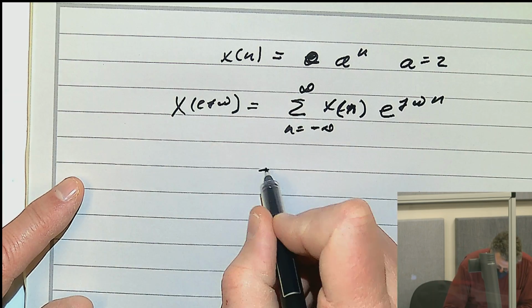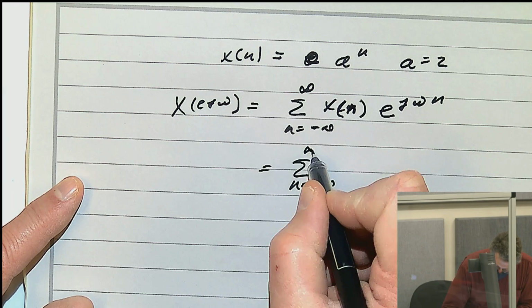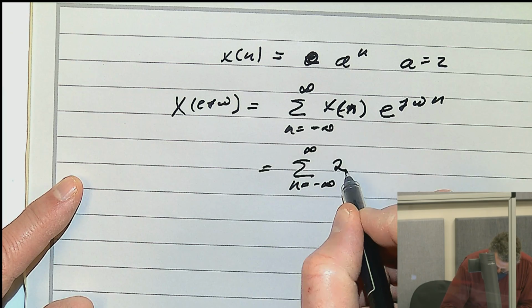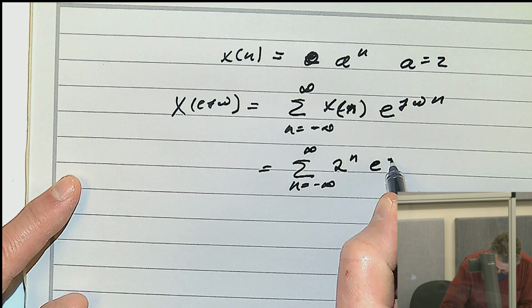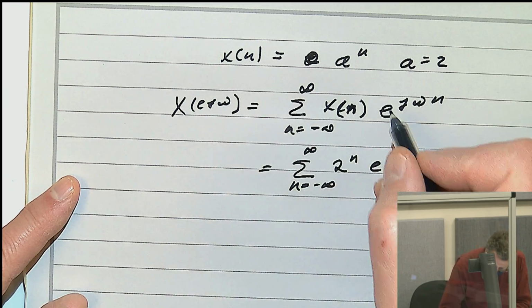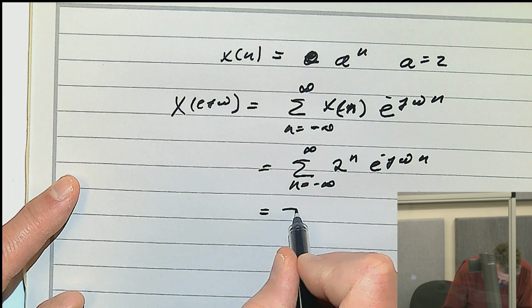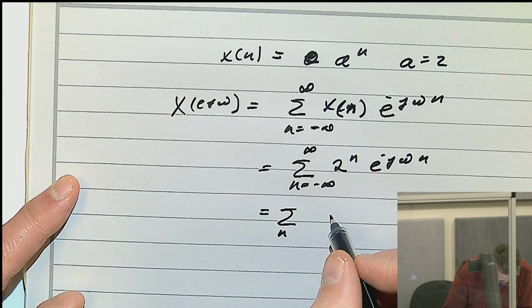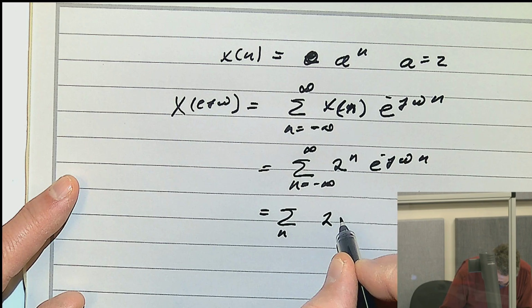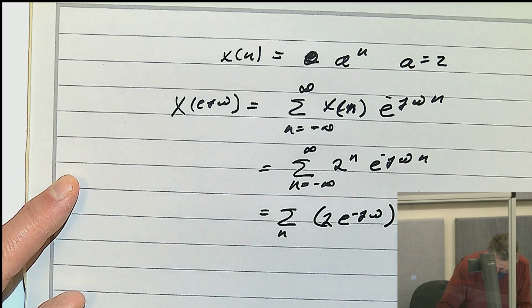So that's equal to the sum from n equals minus infinity to infinity of 2 to the n times e to the minus j omega n. So that's equal to the sum over n of 2 times e to the minus j omega, to the n.